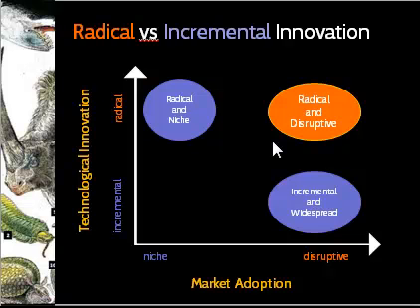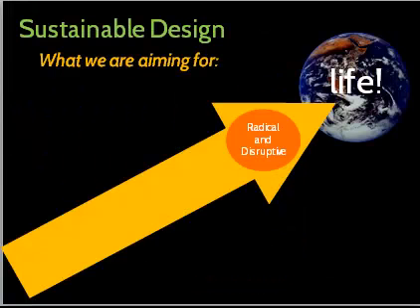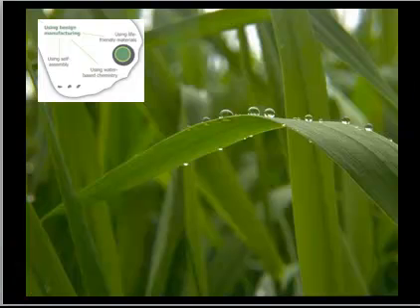So we're looking at radical, not incremental innovation, and we don't want to stick to little niches, right? That's not going to be world changing. We want to be out here, widespread disruptive adoption. So using that graph we've referenced a couple times now, what we're aiming for is really radical and disruptive design, right? So if we want sustainable design, we're not interested in reaching the few. We want it to reach the many so that we can support life on Earth.